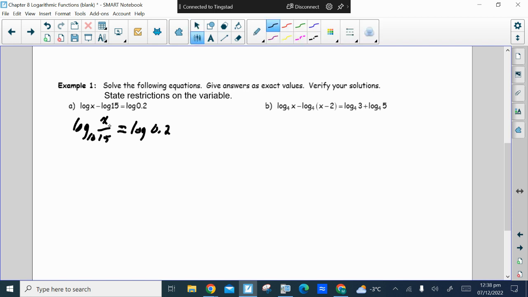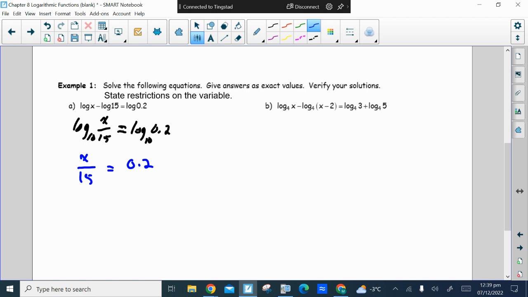So the left side is a log base 10, the right side is a log base 10 as well. Those parts are equal. So that means that the other parts have to be equal as well. So from this equation, essentially we can drop the log base 10 from both sides. And you're just left with x over 15 equals 0.2.